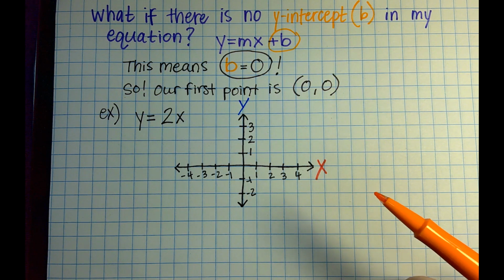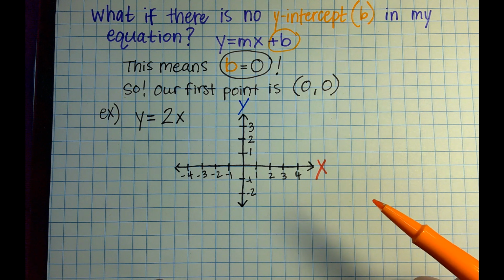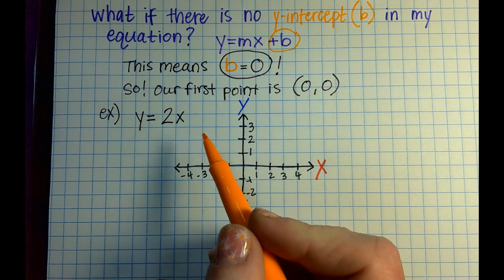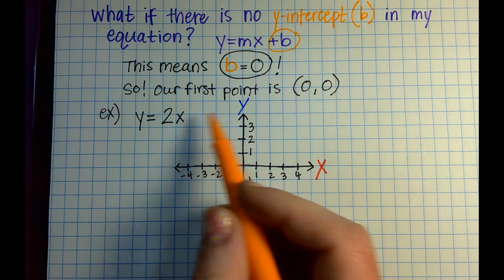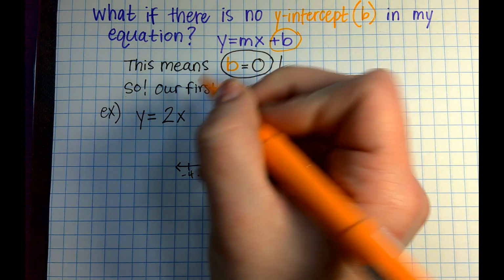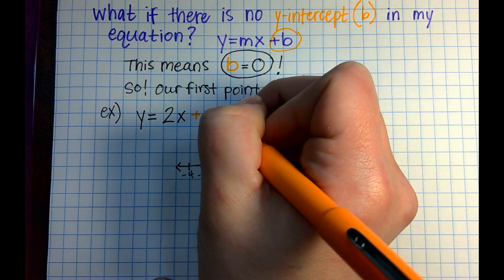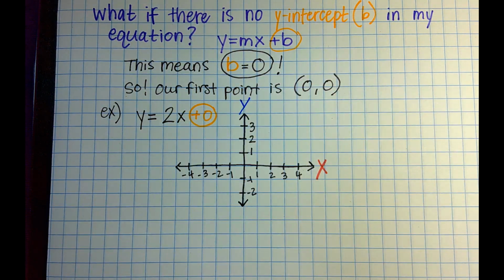So the first step whenever we're graphing an equation is always to find our y-intercept and graph it. And since we don't see a number for the y-intercept, I like to write +0, just to help me remember.